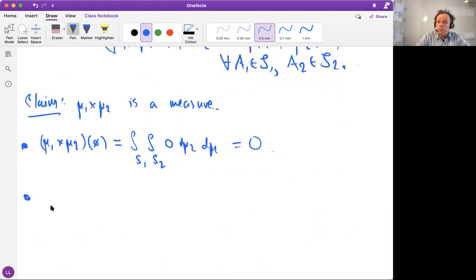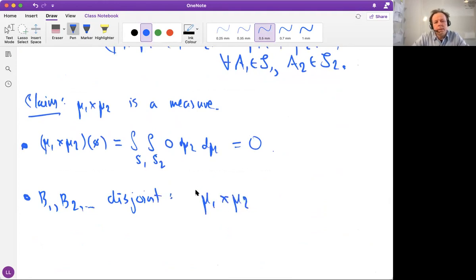The second part is that we need to prove that it's countably additive. So let's take B1, B2, etc. to be disjoint. And then what we need to do is that we need to show that for disjoint unions, we get the sum here.